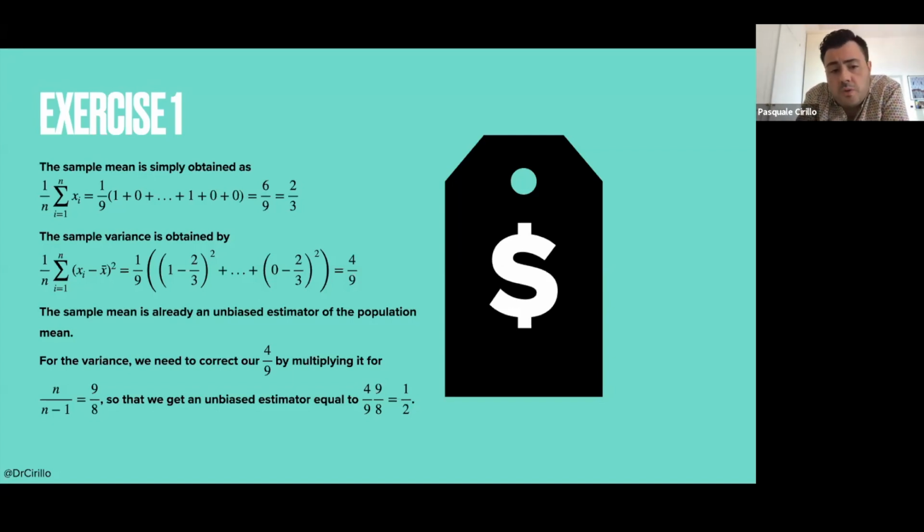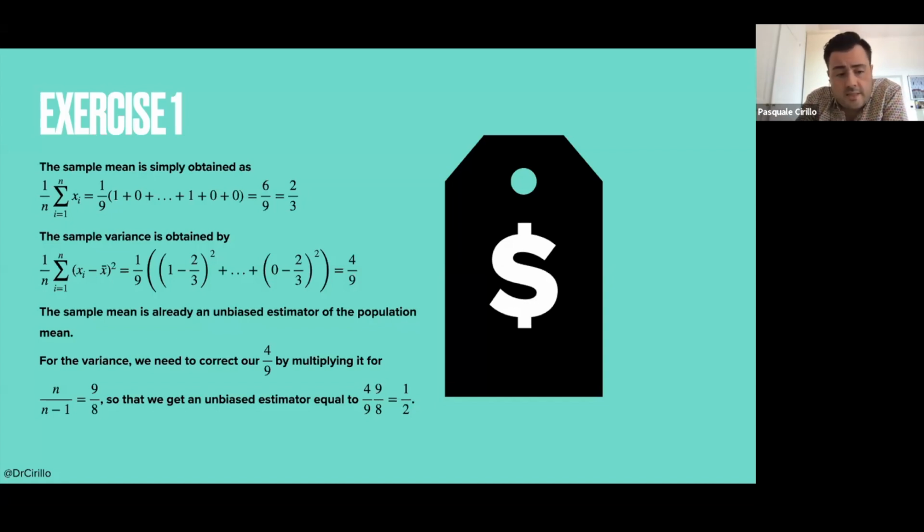So if I compute this, this is equal to 1 over 9, and then (1 minus 2 over 3) squared plus (0 minus 2 over 3) squared plus, until the last observation, which is again (0 minus 2 over 3) squared. If I perform this computation, the result I get is 4 over 9.